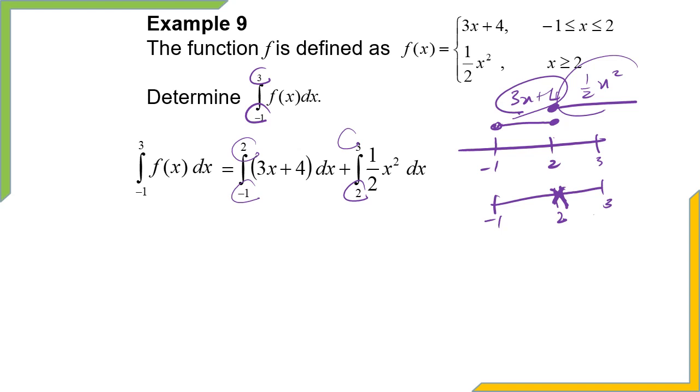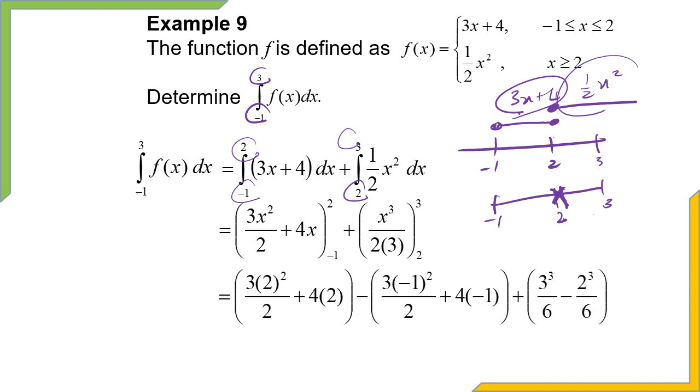So integrate 3x plus 4, we get 3x squared over 2 plus 4x from negative 1 to 2. And then integrate 1 over 2x squared, we get 1 over 2 times x cubed over 3, so the bottom one can be 6, from 2 to 3. And then just substitute the values. For this one, substitute 2 first.